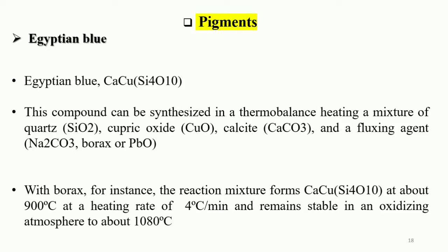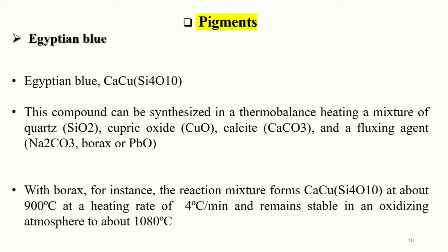This compound can be synthesized in a thermobalance, heating a mixture of quartz, silica, cupric oxide, calcite, and a fluxing agent. This may be sodium carbonate, borax, or lead oxide.